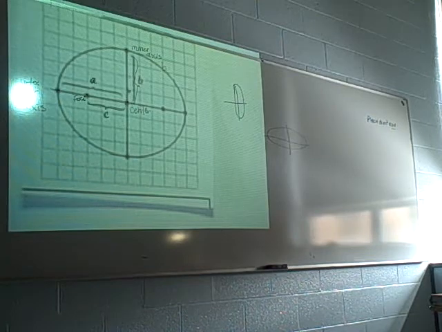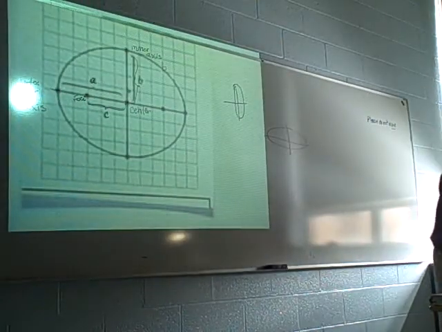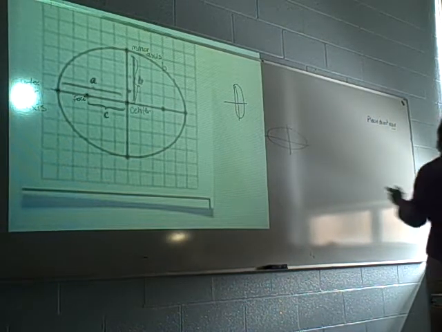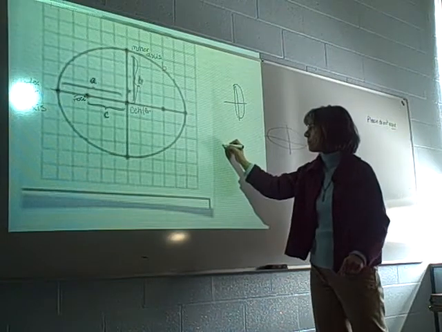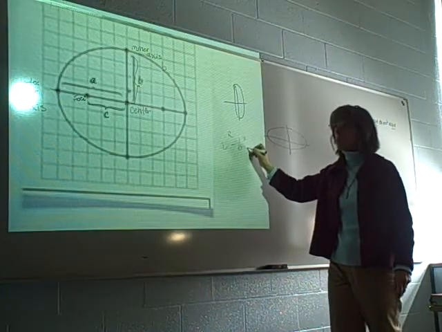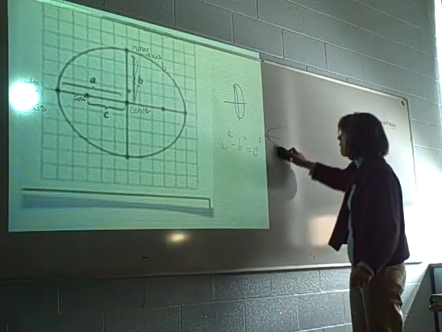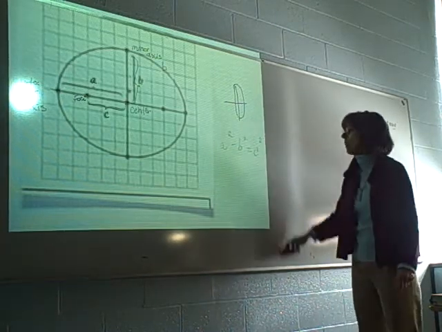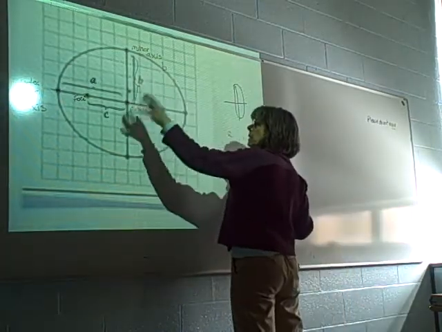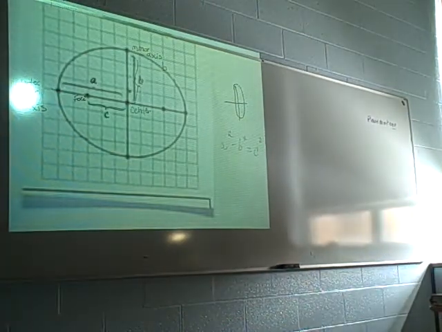Okay, and so we're going to have another equation that will help us find c. A squared minus b squared will give me c squared. I'm doing the opposite of a Pythagorean theorem. I'm subtracting. A squared minus b squared will give me my c squared.